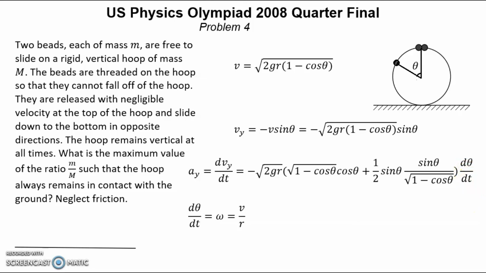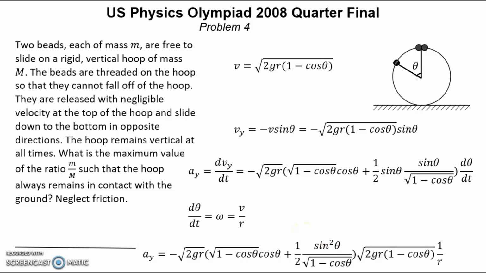So finally we have the acceleration equal to this equation, and after simplification we can find that the total acceleration will be like this. And if we check the acceleration in the first solution, it will be the same. So we have the same result.